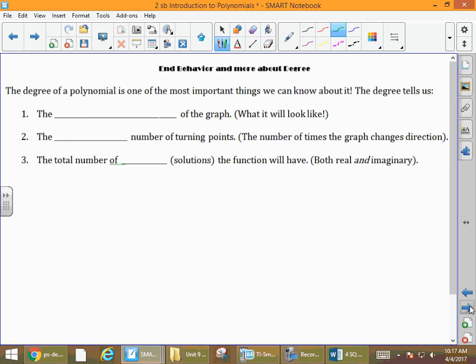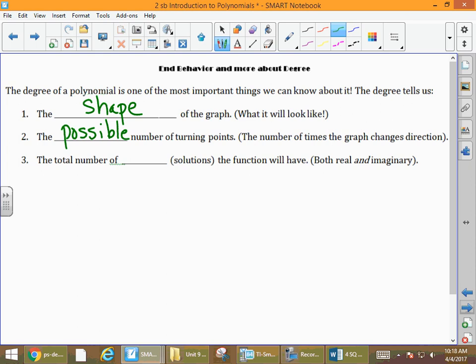For instance, it tells us about shape. We're most familiar with the shape of a quadratic because that's what we've really spent a lot of time on recently in class. But it can also tell us the possible number of turning points. And we explored that some yesterday.